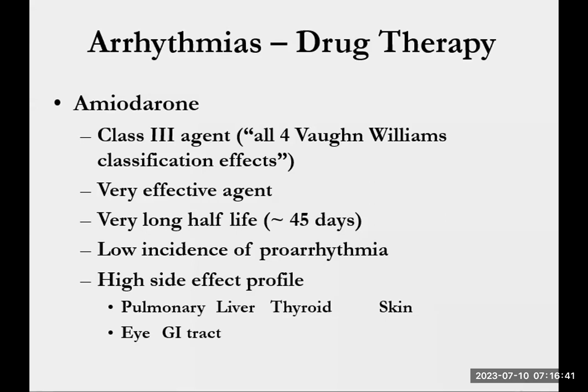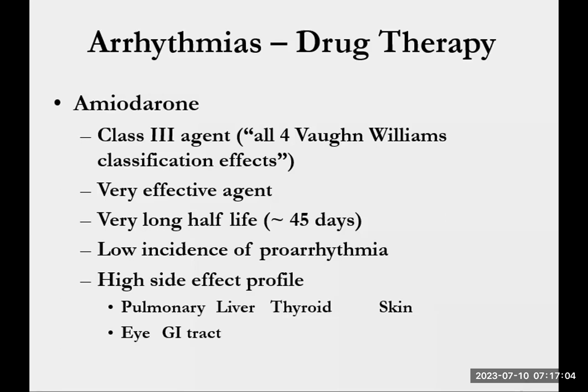And so amiodarone's a great agent for people who you're worried about that. The big issue with amiodarone for chronic therapy is that it has a very high side effect profile. Particularly can affect the lungs, resulting in potentially pulmonary fibrosis, which cannot be reversed. Can cause abnormalities in your liver function studies. It can affect your thyroid, causing either hyper or hypothyroidism.